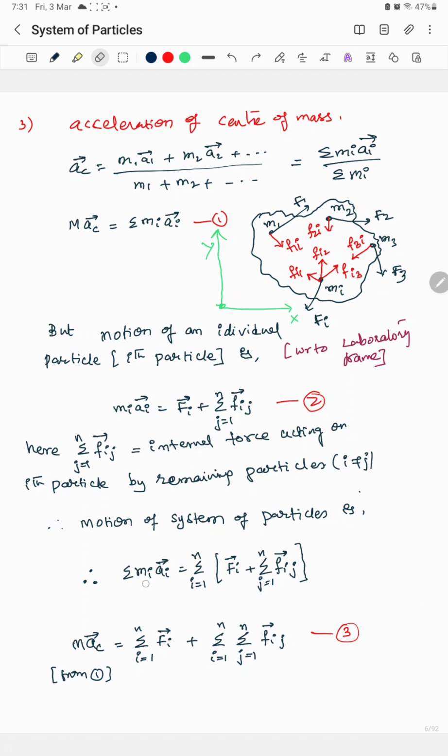Anyway, summation mi ai is equal to, from equation number 1, M AC bar, which is equal to summation i equal to 1 to n Fi bar plus summation i equal to 1 to n, summation j equal to 1 to n of Fij bar, right? Equation number 3.